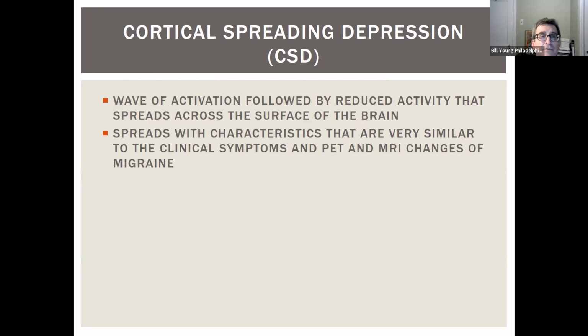What's causing it is cortical spreading depression, which is this electrical wave that's traveling slowly across the surface of the brain, and you can see in the symptoms the progression of that wave of electrical activity and inactivity as it happens on the surface of the brain.